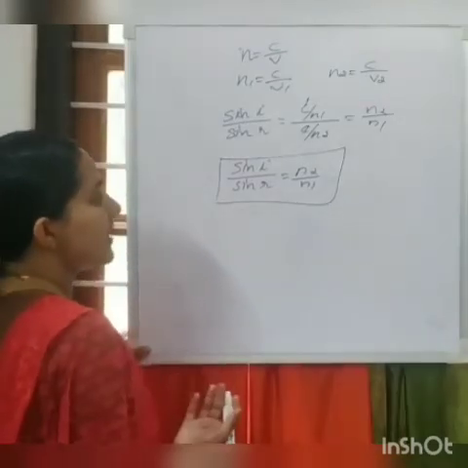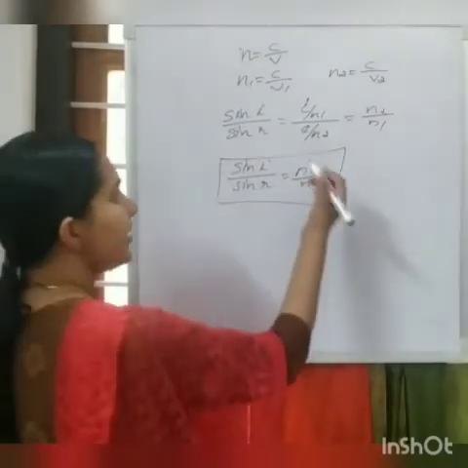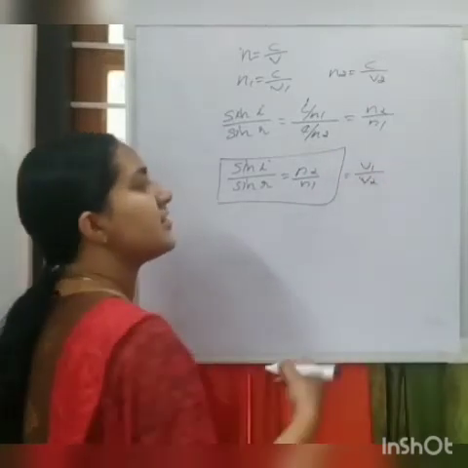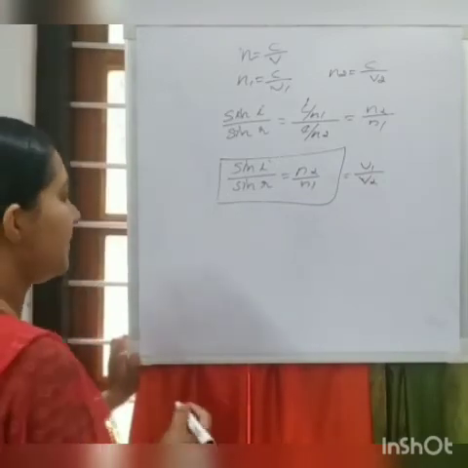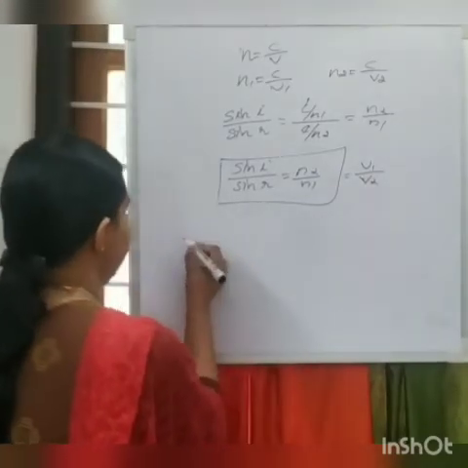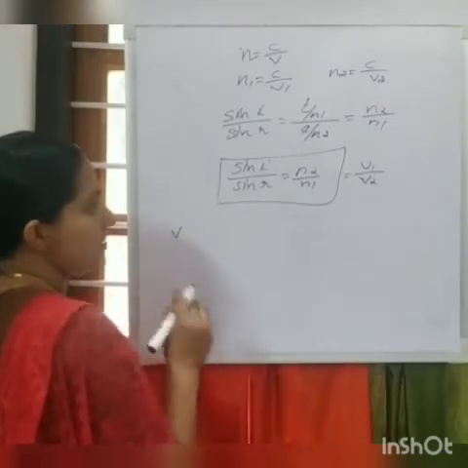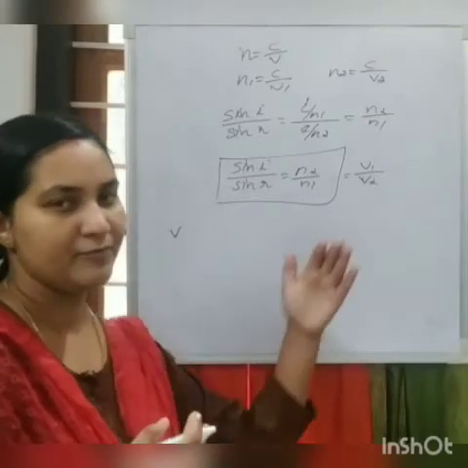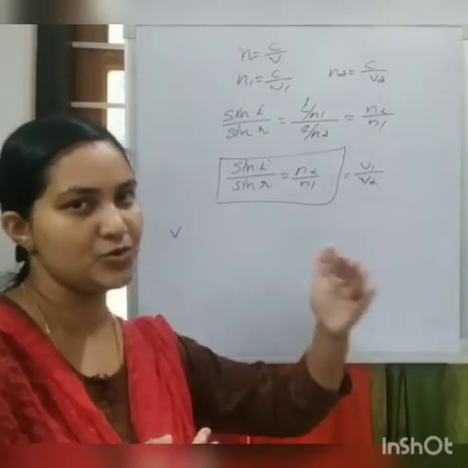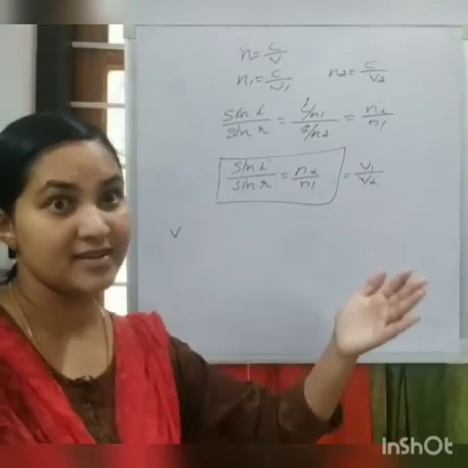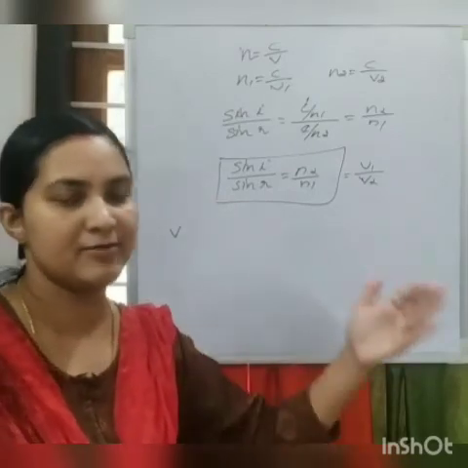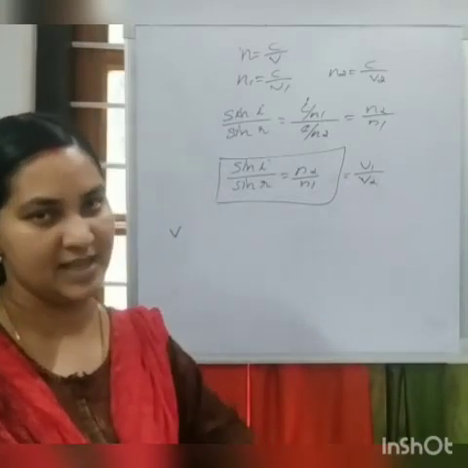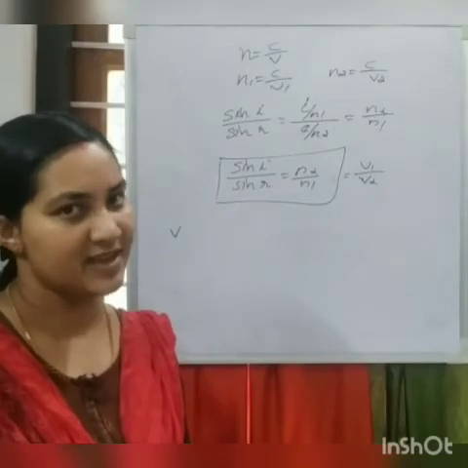Now, already we got the relation V1 by V2, isn't it? We will get it in terms of lambda, the wavelength, also. From that diagram, at the same time when A reaches E, B reaches C. If a crest is started from A to C, then at C also it will have a crest.